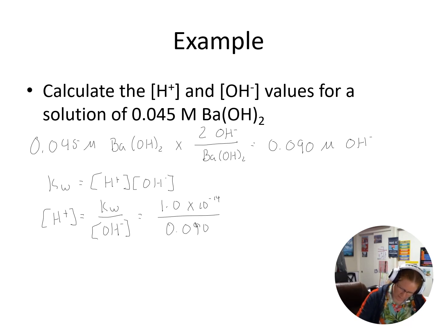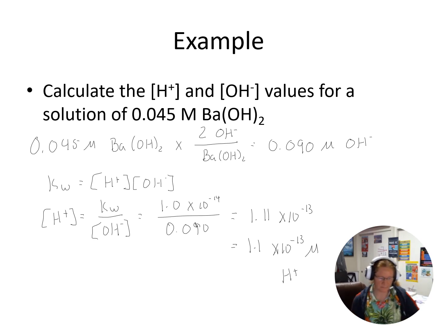And we're going to get 1.11 times 10 to the negative 13th. We have 2 sig figs, so we'll round to 1.1 times 10 to the negative 13th molar H plus. Okay?